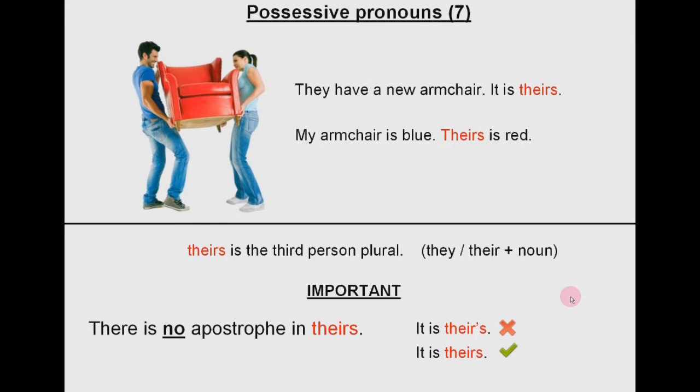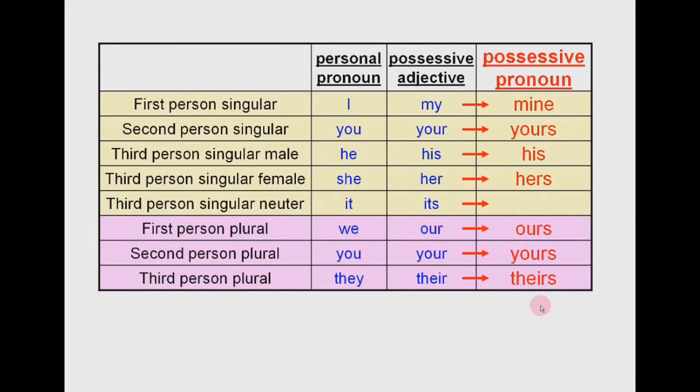So here is the summary of the list of all the possessive pronouns in English: mine, yours, his, hers, ours, yours, and theirs. So this table is very important.